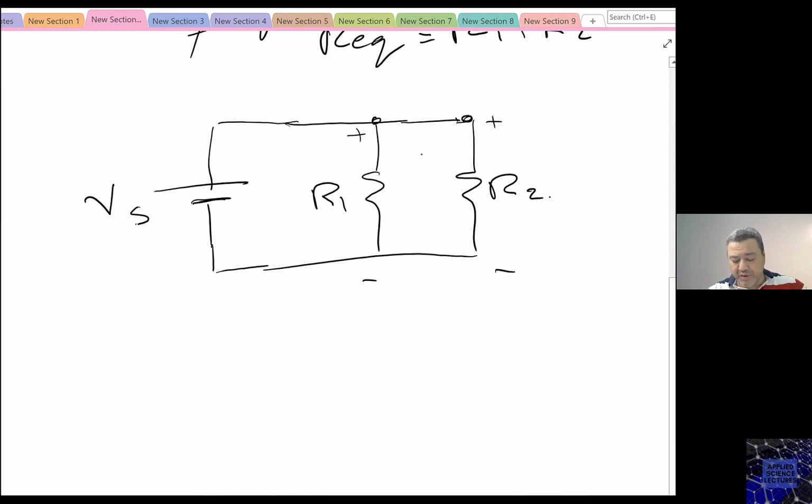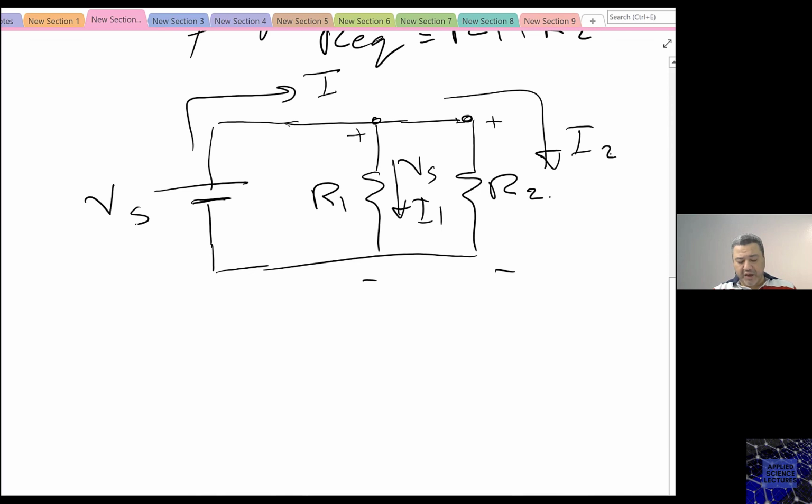So both of them will be Vs, right? This is the current, again, I. This I will be splitting into I1 and I2, so the total I should be the summation of I1 plus I2.